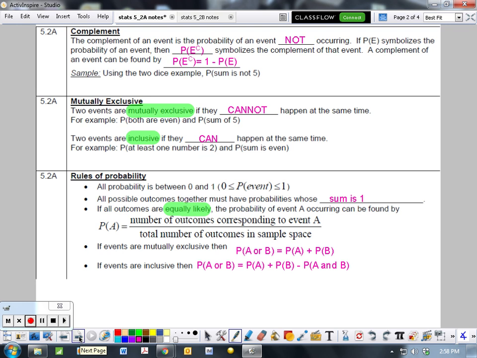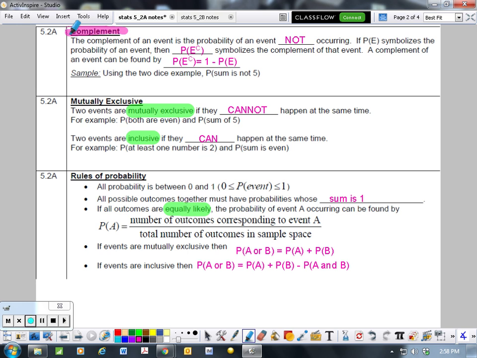Okay, so we've got some terms that we're going to talk about. The first one, which is a really important one, is what we call the complement. The complement of an event is the probability of the event not occurring. It's kind of like everything else. It comes from the idea that all probabilities of a true probability model should add up to the number 1.